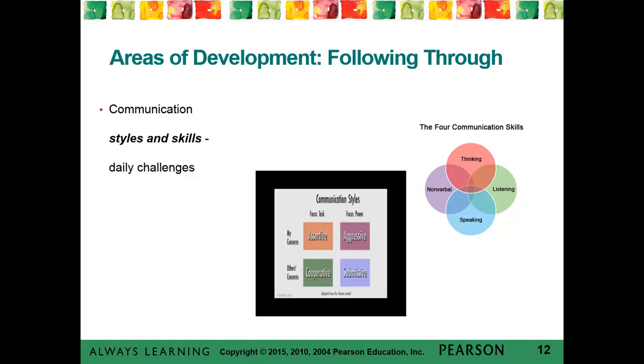You need to be able to think about what you're saying before you say it. You need to listen to what others are saying as well. You need to speak in a way that is inclusive and doesn't leave people out. And we also have to pay attention to the nonverbal communication patterns, our facial expressions, our body movements, the kinesics.